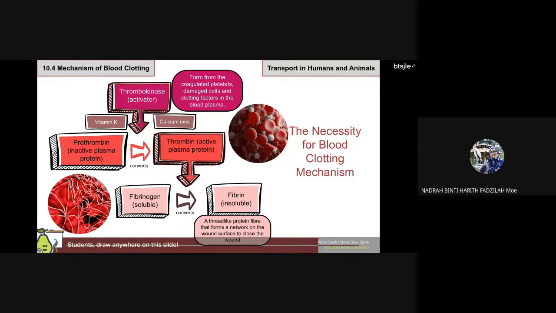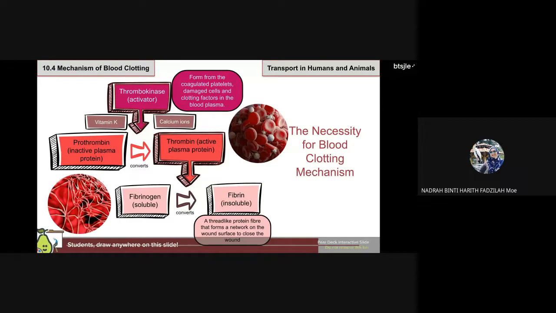Sekejap ya. Kita panggil ni sebagai cofactor dengan coenzyme. Sebelum ni kita discuss dalam chapter enzyme. Walaupun enzim tu kerja dia adalah untuk mempercepatkan tindak balas, catalyze several biochemical reaction, the reaction of enzyme itself can be further be accelerated by the presence of cofactor lah.